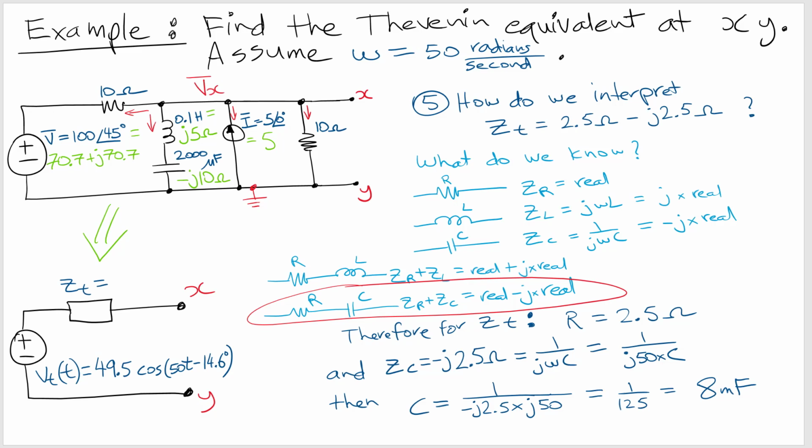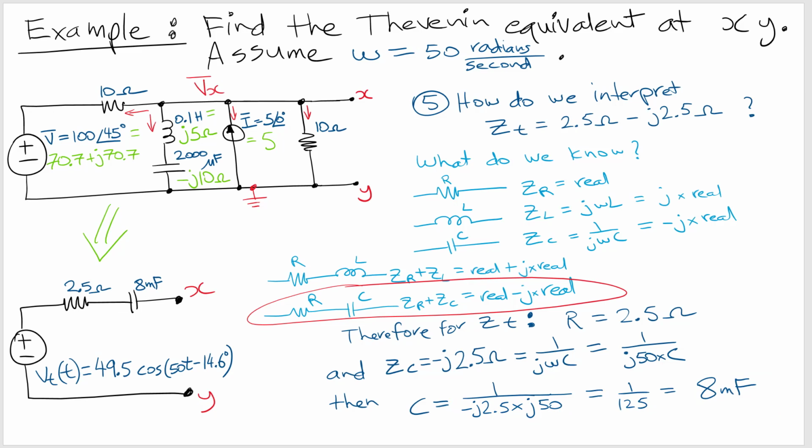C is going to be equal to 1 over minus j 2.5 times j 50. And then that works out to 1 over 125, which works out to 8 millifarads. So we know the resistor and we know the capacitor.